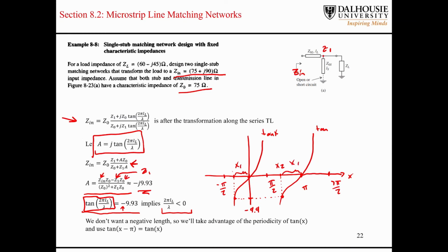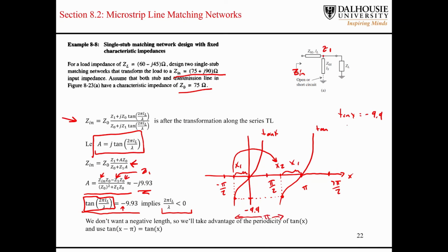So in order to be able to make the leap from this point x1 to this point x2, when we solve tan x equals negative 9.9, the distance between x1 and x2 is going to be pi.